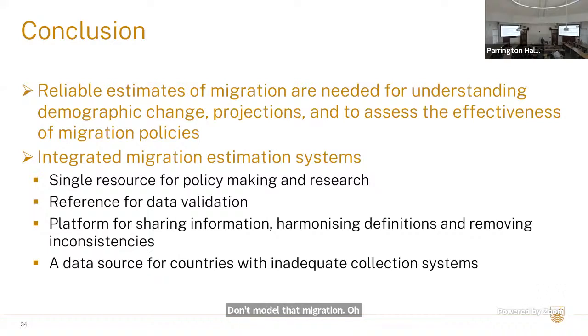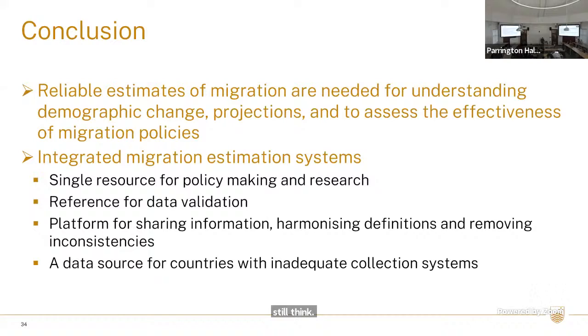But in a practical situation, sometimes the user, the client, or whatever you want to call them, only wants net migration. The way I deal with that is I still give the user what they want in terms of inputs for their projection models. That's fine.